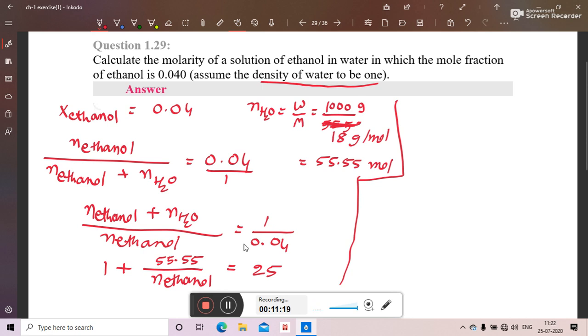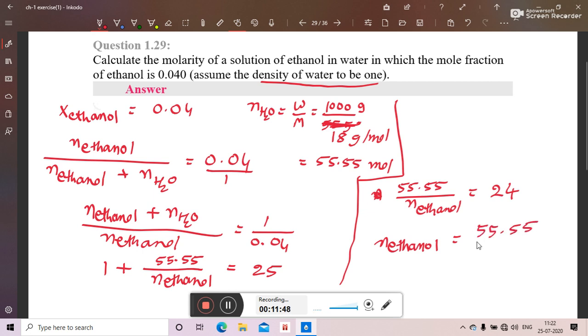Now if you take 1 on the right hand side, we will get 55.55 upon number of moles of ethanol equal to 25 minus 1. So that will become 24. So number of moles of ethanol, if you take as a subject, you will get 55.55 divided by 24. So we will get it as 2.314 moles.